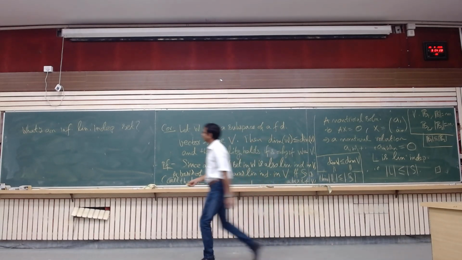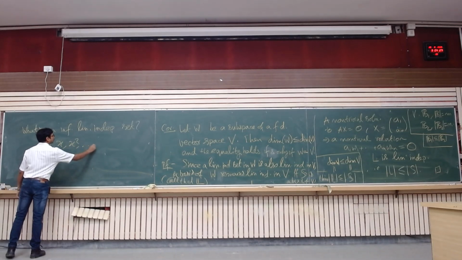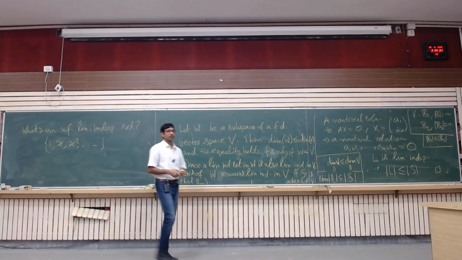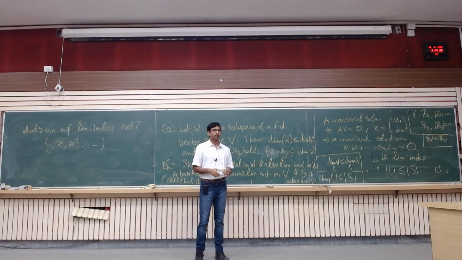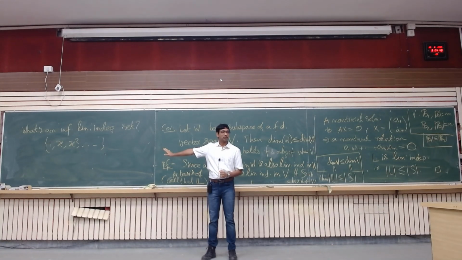For example, consider the set 1, x, x squared, and so on. Here x is an indeterminate, a variable. The question is whether this is a linearly independent set or not.